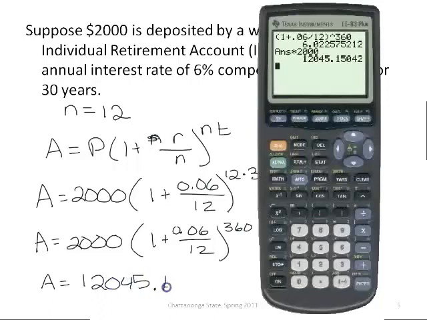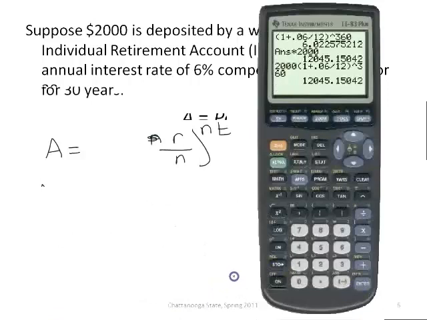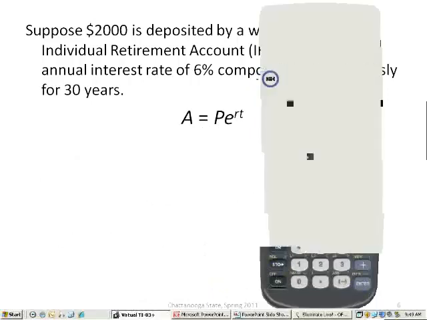So this gives us, again, a little bit more money. We compounded the interest more often, so the money grew a little faster. $12,045.15. Now, I also could have put this in all in one step. You just have to be a lot more careful doing it that way. I prefer to do it in 2 steps. I get the same answer.